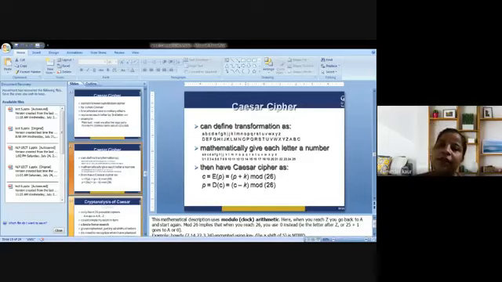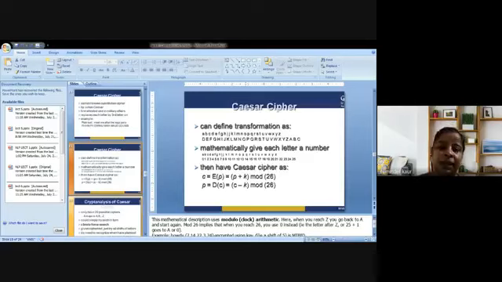Mathematically, we give each letter a number, as I told you earlier: A to Z, 0 to 25. A is represented by 0, B by 1, C by 2, D by 3, and in the end Z by 25. Now we have the formula for the Caesar cipher. C, the ciphertext, is equal to the encryption of the plain text, which is E(P) = (P + K) mod 26.